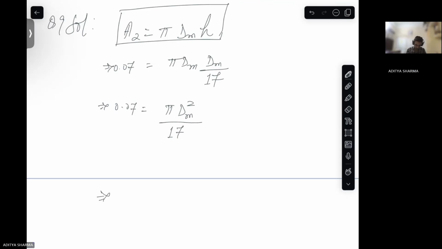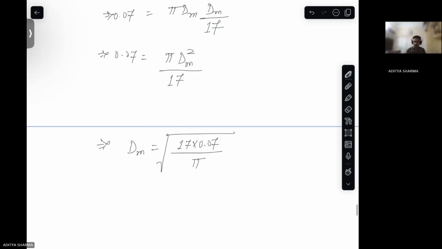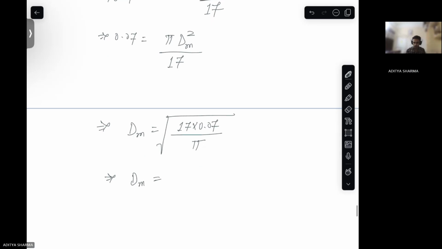Implies dm is equal to root of 17 into 0.07 divided by pi. So if we calculate this, this will come out to be 0.6154 meter.